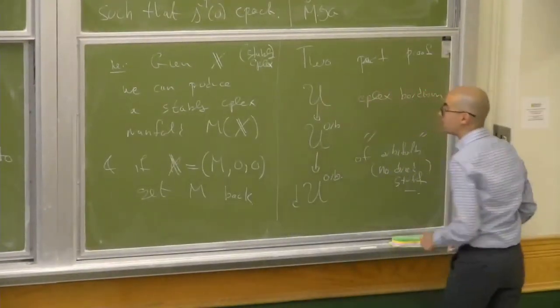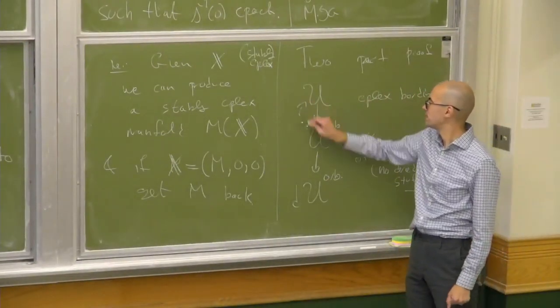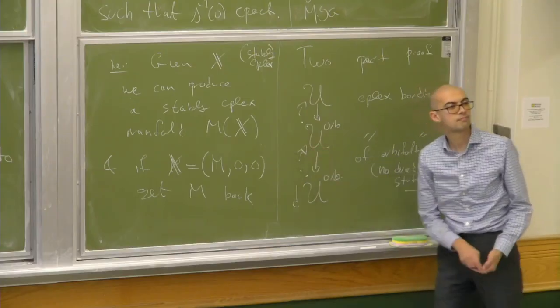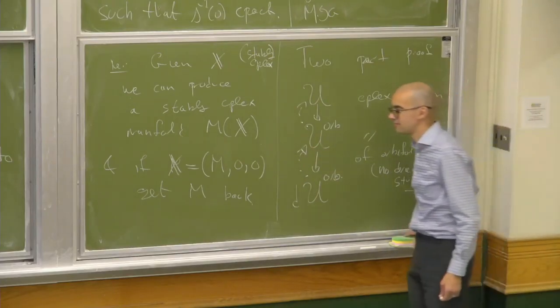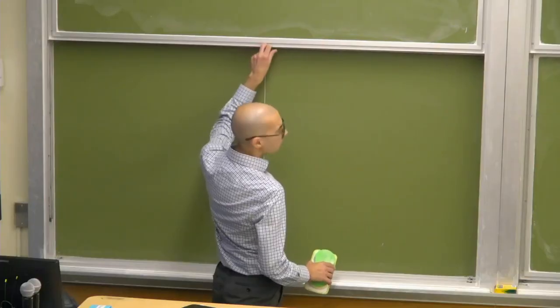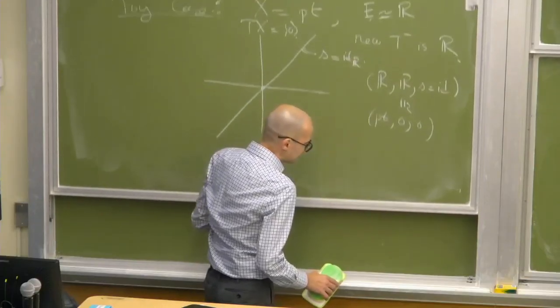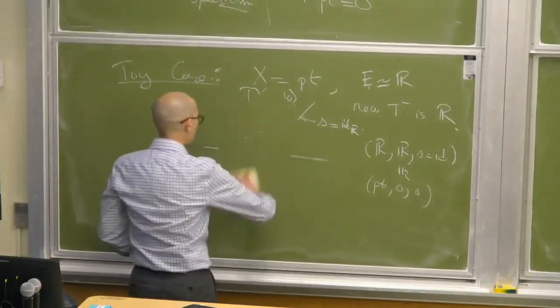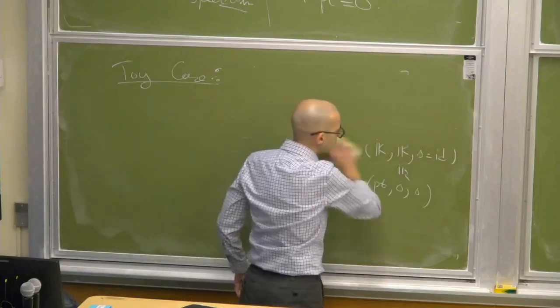Now, the statement is that each of these things. That's how the proof goes. So, how am I going to do this? Well, I'm going to think about the simplest possible situation.